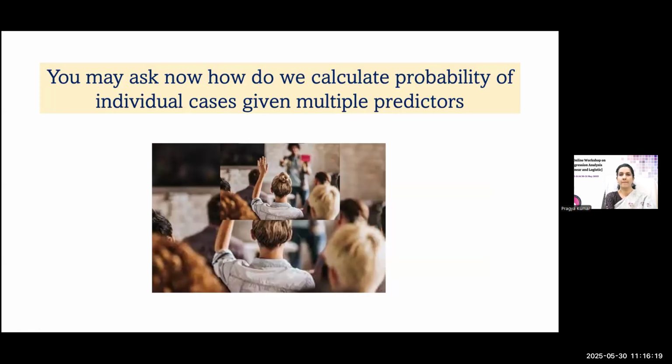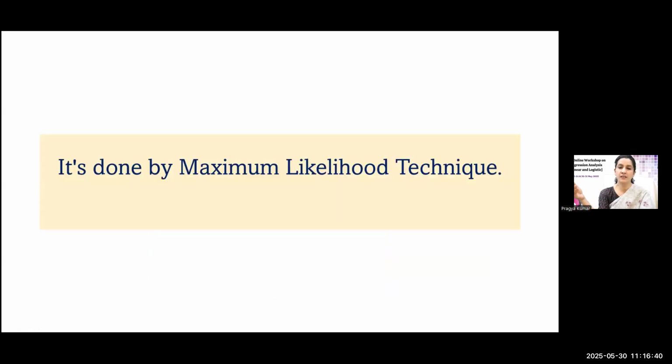Now regarding the predictor variable and the sample size assumption. Before that, I was talking about 0 and 1, yes and no, and how it calculates the probability. So how is that probability calculated? Basically, that probability is calculated using a technique known as the maximum likelihood technique. So what is this maximum likelihood technique?